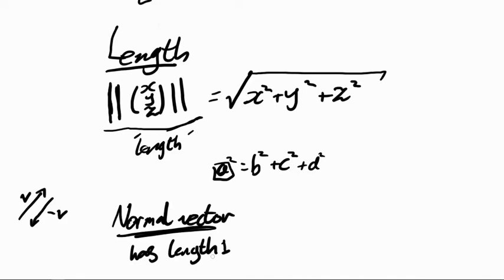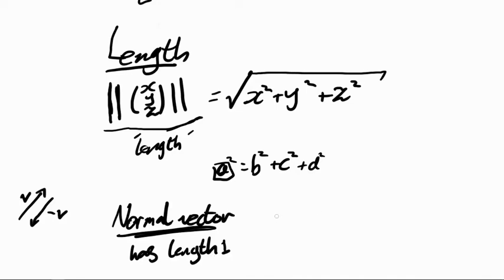And the reason we do this is because when we get onto things like the dot product and cross product later, if we do them with normal vectors, the result is very special. And I will highlight that once we get there.